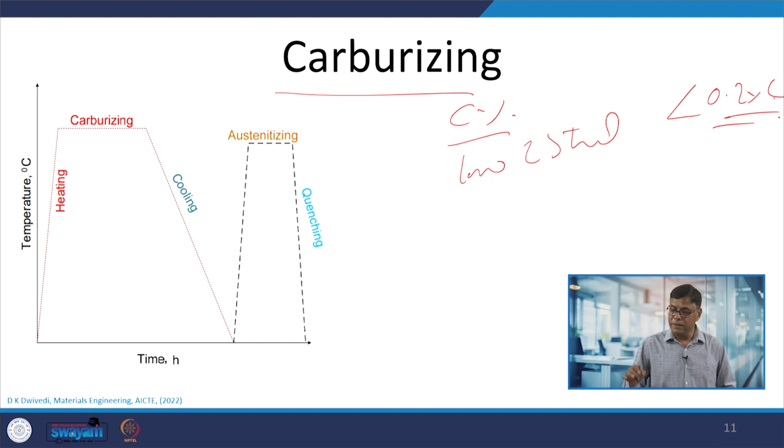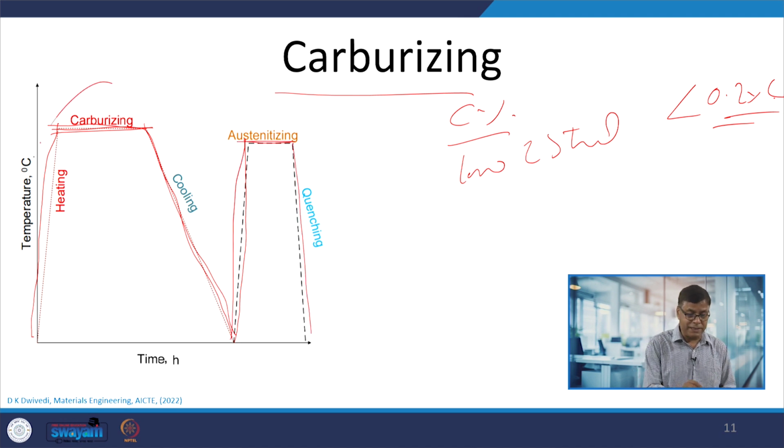The steel component is heated in a carbon rich environment, then carbon content is enhanced in the near surface layers through pack carburizing, gas carburizing, or liquid carburizing, and then it is cooled. Then after cooling, in case of pack carburizing, that is solid carburizing, the component is heated again, and after reheating to the austenitic state, it is subjected to quenching.